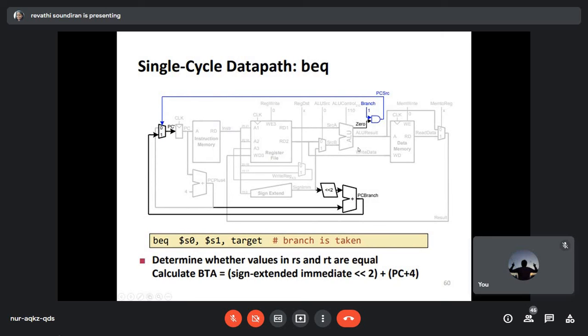If it is equal, then it will be 1. Computing the values of register A and B, an XOR operation is performed. If it is 1, then it is going to branch. Branch means you have to go to the value of the next instruction program counter.